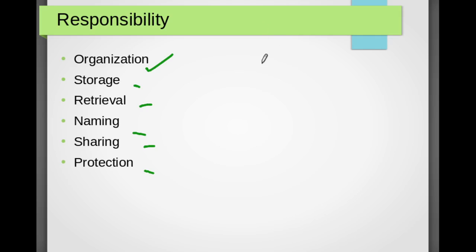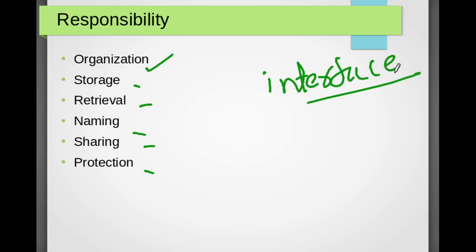Actually, this file system will provide you a programming interface. This interface will characterize the file abstraction. Using this file system, you will not need to know where the storage is, how it is being allocated, and what its layout is.